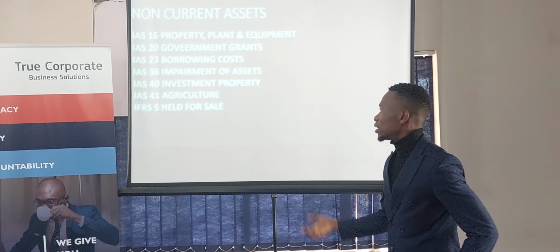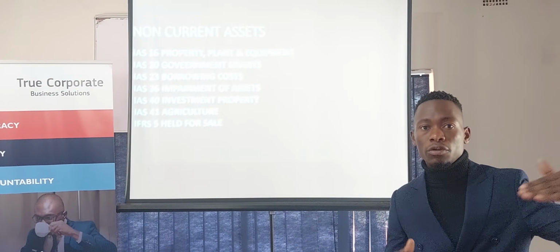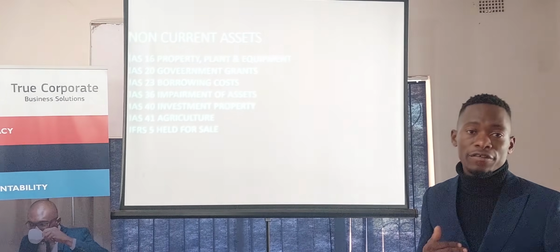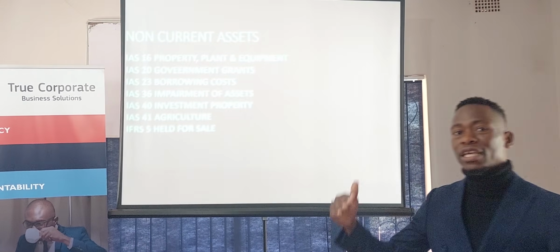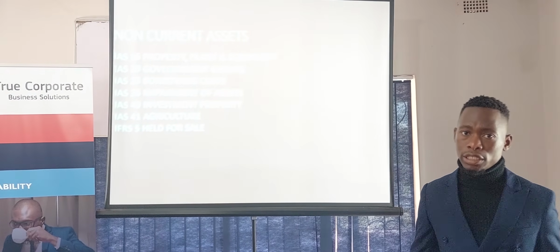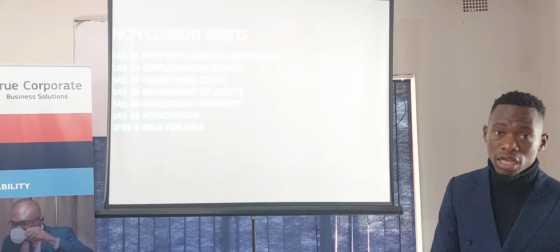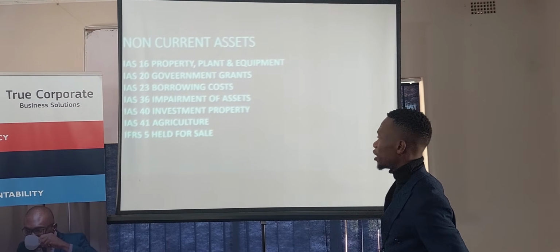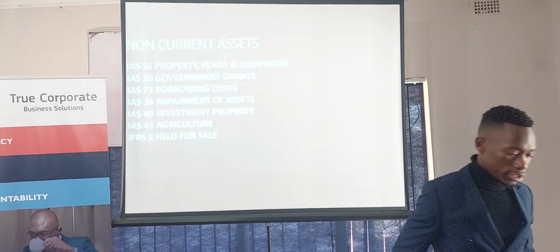That's how you do it when the carrying amount is greater than the fair value less cost of disposal. But when the carrying amount is lower, the asset is not overstated, so we won't impair in that case. So guys, that's IFRS number 5, held for sale.